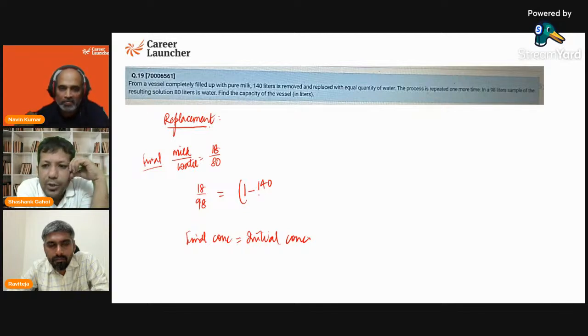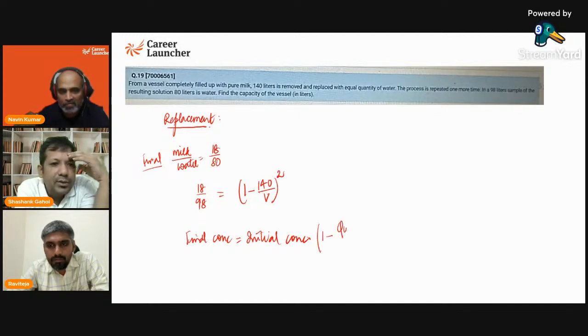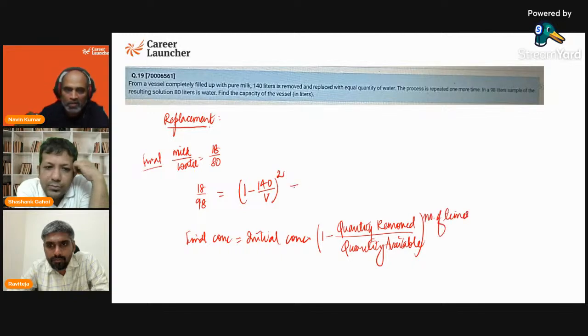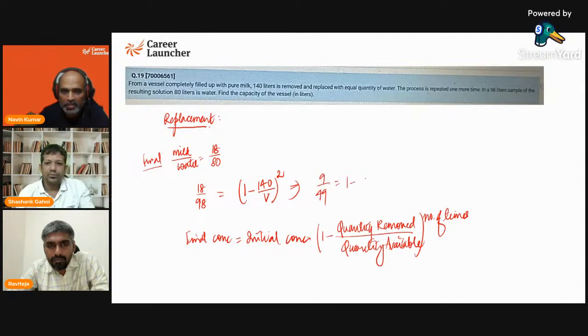So 140 upon total quantity, that is V power 2. So the left hand side is 3 by 7 whole square, so 4 by 7 should be equal to 140 upon V. So this is 9 out of 49 is equal to 1 minus 140 upon V, whole square.